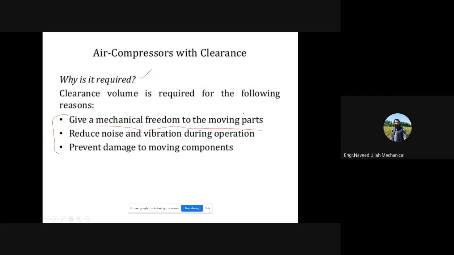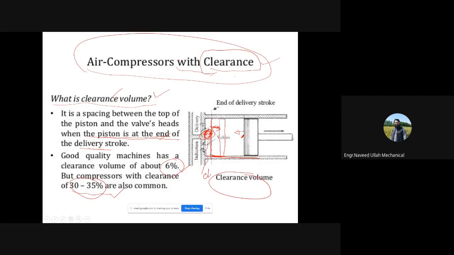Look, इसीलिए मैंने आपको बताया था कि this is actually without clearance volume is not a practical case. As I told you, if you see here, this is actually the valve up there, and particularly this one is the valve down there.